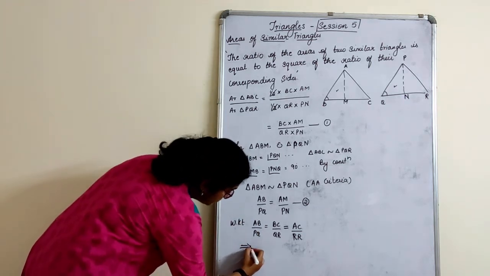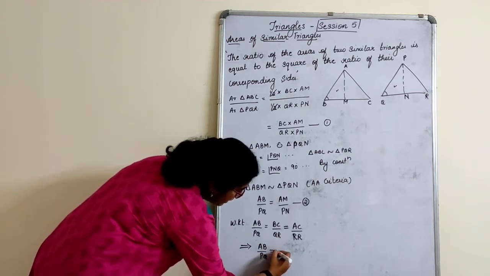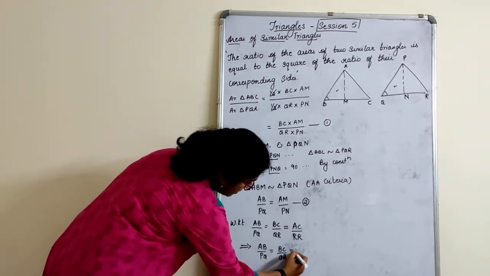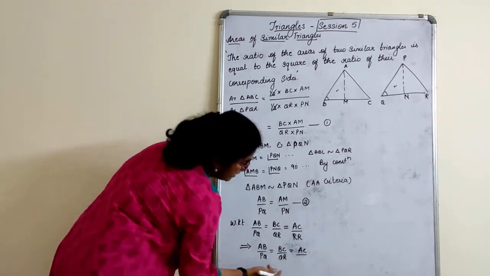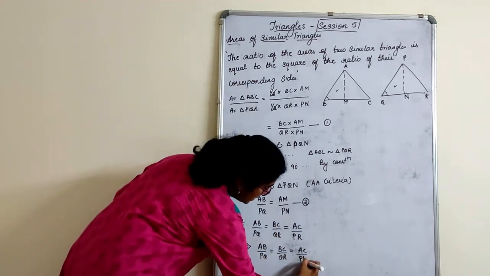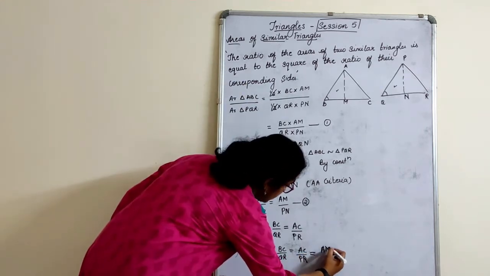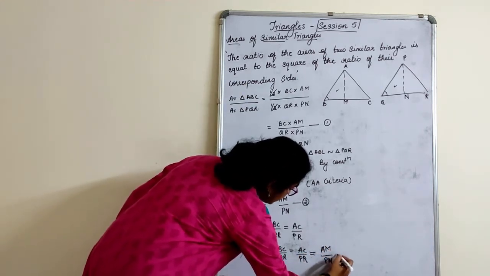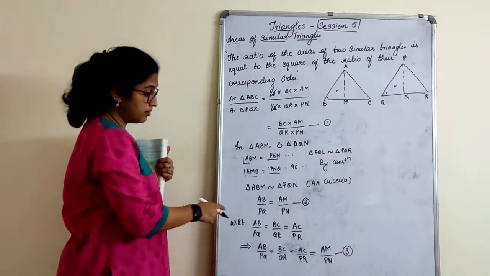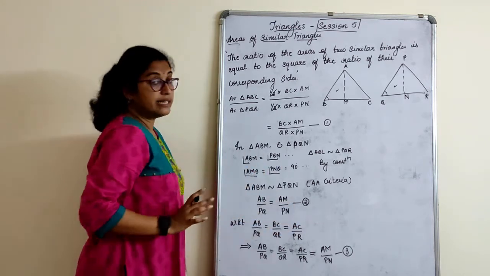This implies AB by PQ is equal to BC by QR. I hope this is very clear. AC by PR is equal to, children, can I write, AM by PN, equation 3. Till here it is understood. That means all this is also equal to equation 2.